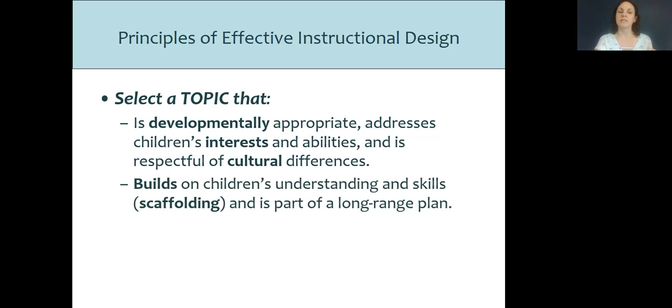Your topic also needs to build on children's understanding and skills and be part of a long-range plan. So when we've talked about the idea of scaffolding, or helping support learning, a child knows something basic, so maybe the first thing is our body's made of different parts, right? And then from there, you're going to go into the main ones that they can sort of sense. Children are sensory learners, and so they can feel or hear with a stethoscope their heart beating.